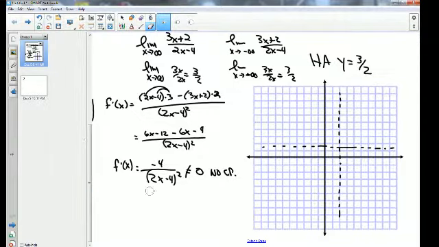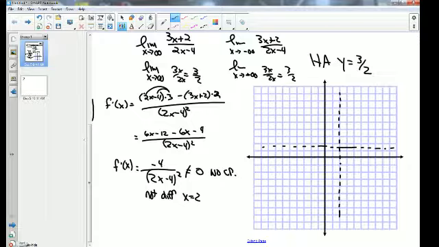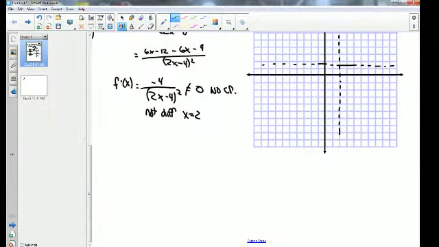Yes, at x equals 2, because of the denominator. So we still have to do a sign analysis. Pick numbers. It never equals 0, but we still have to consider where it's not differentiable.